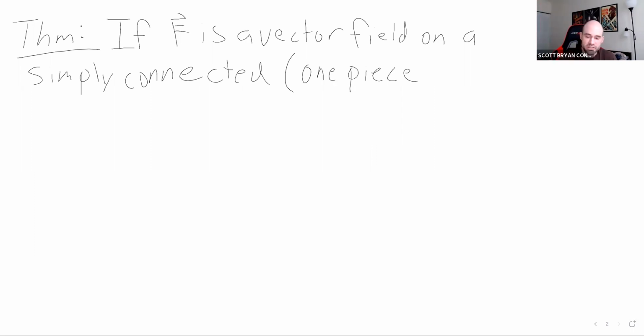If you take any 2 points in your domain, you can draw a curve from one point to the other entirely in the domain. You can't do that there. You got to leave the domain if you go from a point in one piece to a point in the other piece. So it consists of one piece, essentially. And this is also very not technical, but any loop, any closed curve, you can tighten that loop to a point.